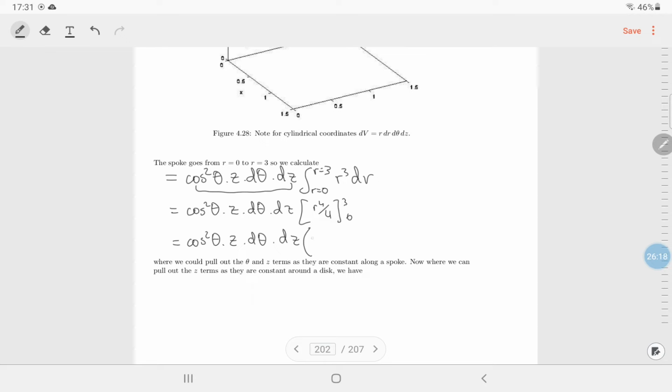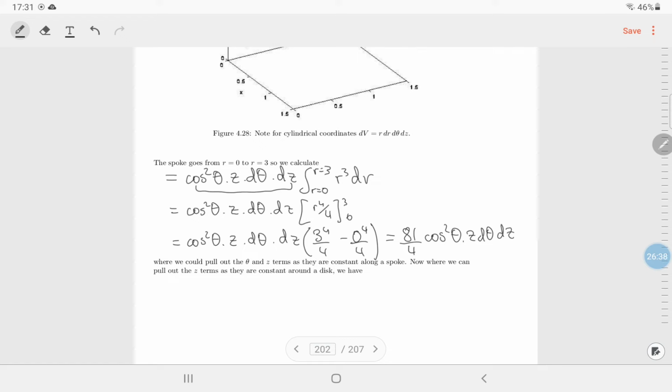So we're going to have 3 to the 4 over 4 minus 0 to the 4 over 4. And 3 to the 4 is 3 by 3 by 3 by 3. 9 by 9 is 81. Divided by 4, 81 over 4 cos squared theta z d theta dz.